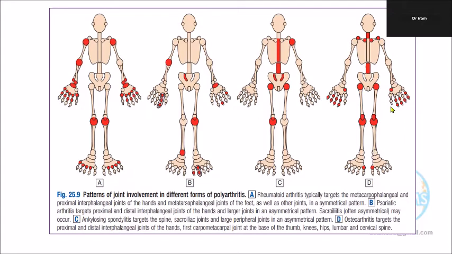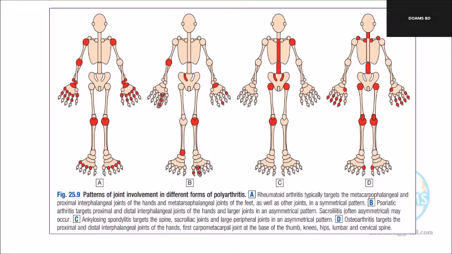But in the pattern of involvement in D, distal interphalangeal joints are involved, proximal interphalangeal joints are involved, and these are not symmetrical. Not symmetrical means if you compare the ring finger, the proximal interphalangeal joint is involved in one hand, but in the other hand it is not involved.